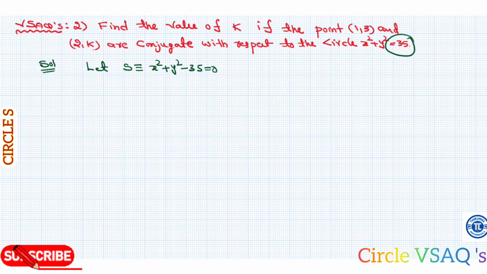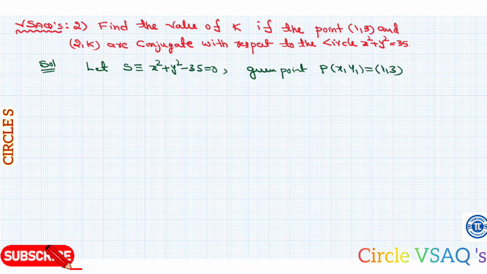Here the given points: the first one, let P(x1, y1) be equal to (1, 3), and the second one, let Q(x2, y2) be equal to (2, k).